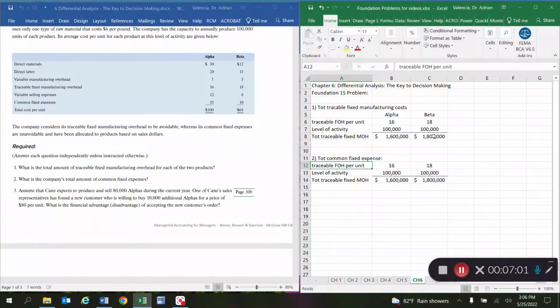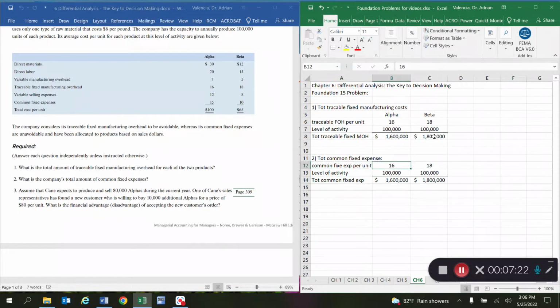So this is common fixed expense per unit, level of activity, and total common fixed expense.